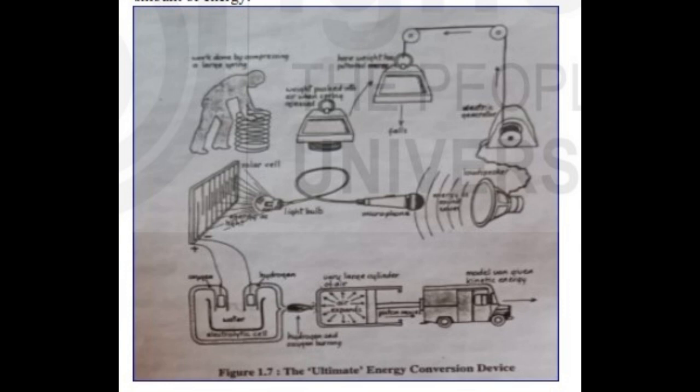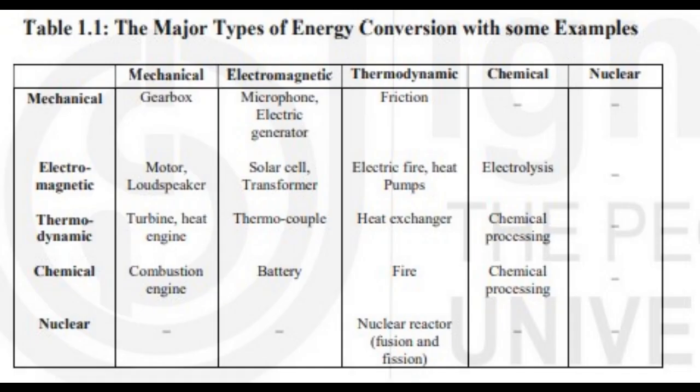Although 9 forms of energy are discussed in section 1.2.2, there are really only 5 major categories of energy of technological importance, namely: mechanical, including kinetic energy, potential energy, strain energy and sound; electromagnetic, including electrical energy, light and the energy of magnetic fields; thermodynamic, heat in all forms; chemical, basically the energy which binds atoms together to form molecules; and nuclear, energy obtained from processes that occur in the nuclei of atoms.